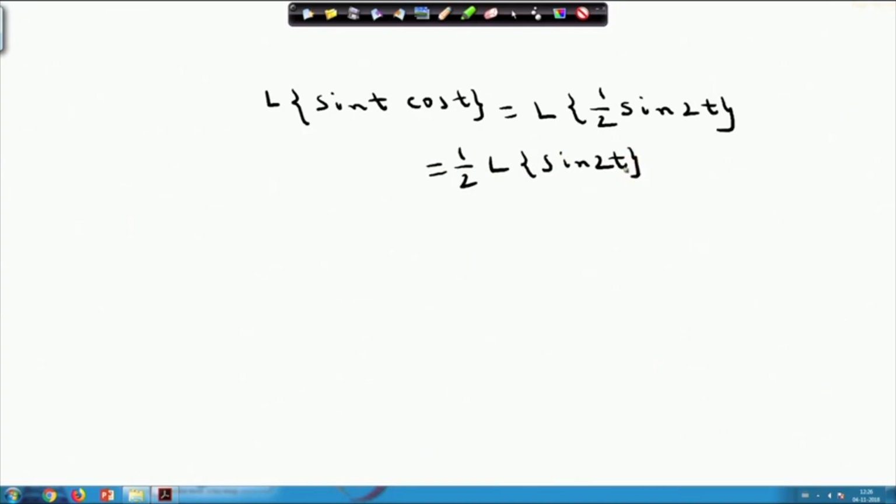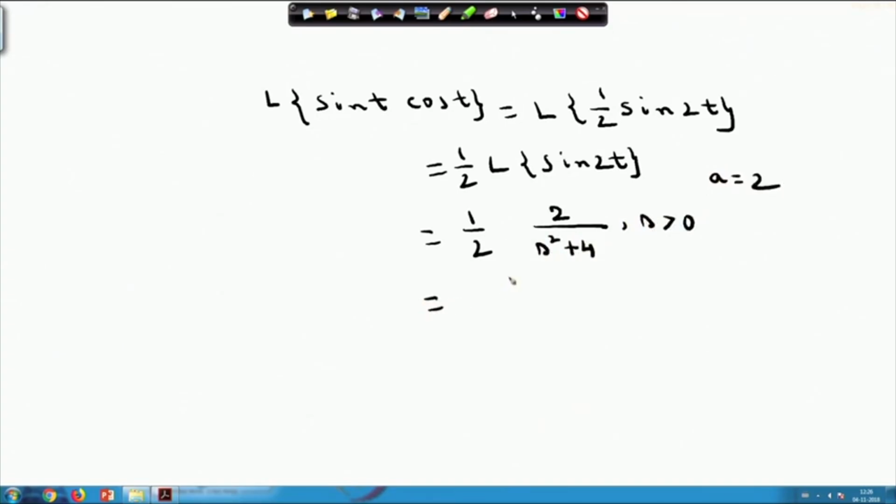Now, we know the Laplace transform of sin at is a by s square plus a square. Therefore, directly I can write here a is 2. So, 2 by s square plus 4, where s is greater than 0. Please note that for this function a equals 2.